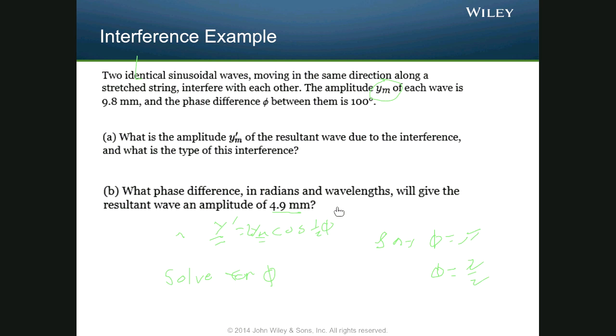So you're solving for the phase difference. They aren't the same thing. So this is just one equation, one unknown. You just solve for phi, right?